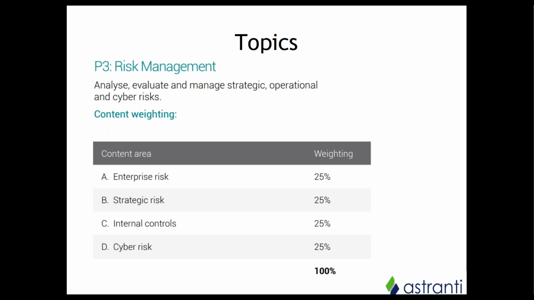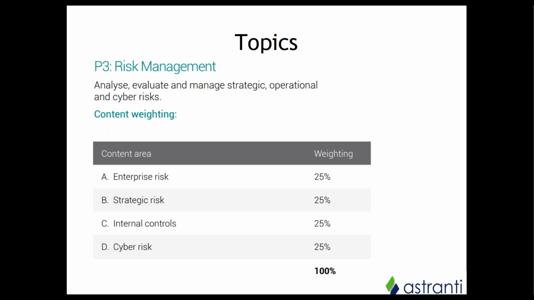And a quick introduction to what these are. So enterprise risk is more to do with your day-to-day operations and also to do with implementing new projects or undertaking projects, etc., and more general risk to the business as a whole. So things like the importance of governance, the importance of risk management methodology integrated through your organization.